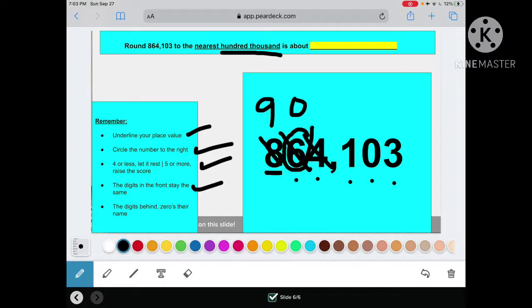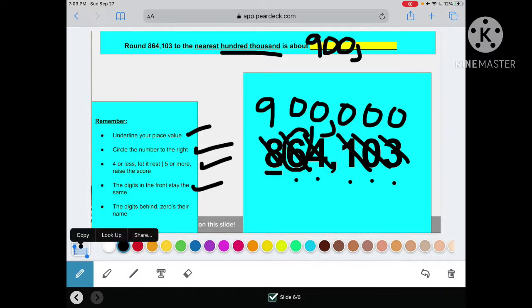My 6 is a 0, my 4 is a 0, my 1 is a 0, my 0 is a 0, and my 3 is a 0. Don't forget your commas. 864,103, rounded to the nearest 100,000, is about 900,000.